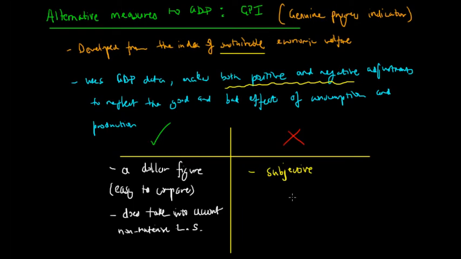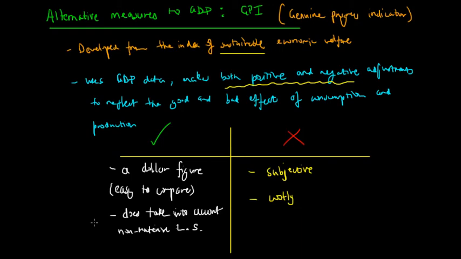And so we're going to see that this is very subjective and therefore does not represent the entire economy. And sometimes it may be costly to produce as well, because these measures are very difficult to obtain. And so surveys must be conducted, and therefore it's more costly than GDP to produce.